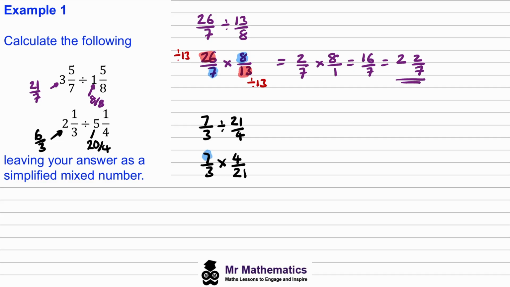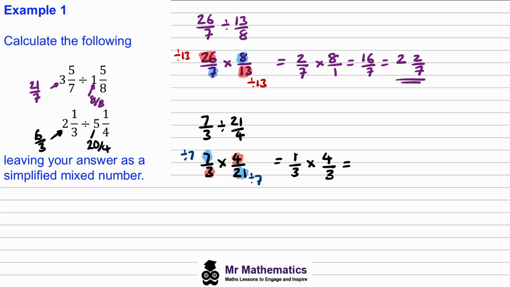So we want a common factor of the 7 and the 21, which we know is 7. And we want a common factor of the 4 and the 3, which doesn't have one other than 1 itself. So 7 divided by 7 is 1, and it's 3 here, multiplied by the 4, and 21 divided by 7 is 3.